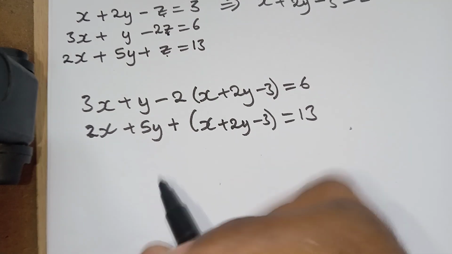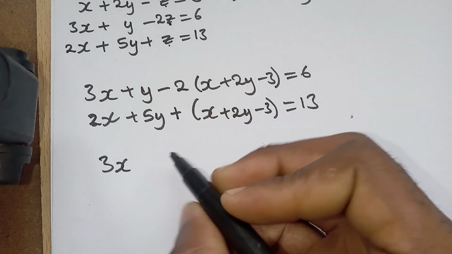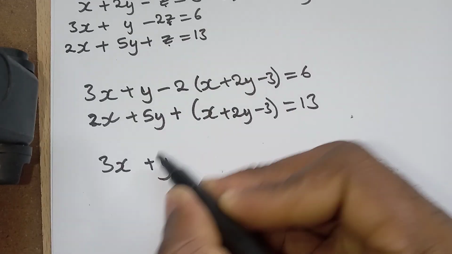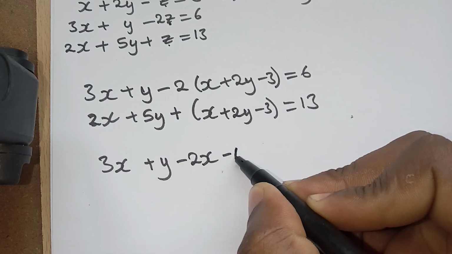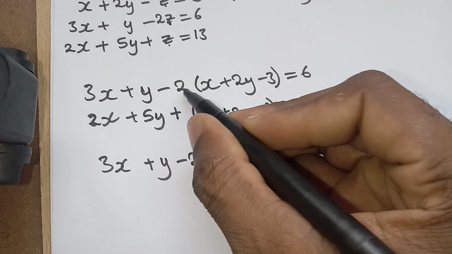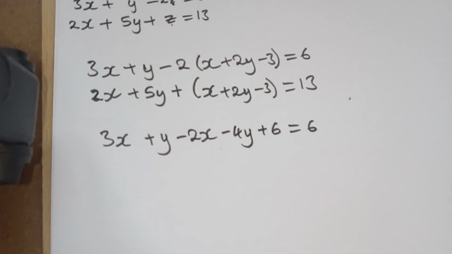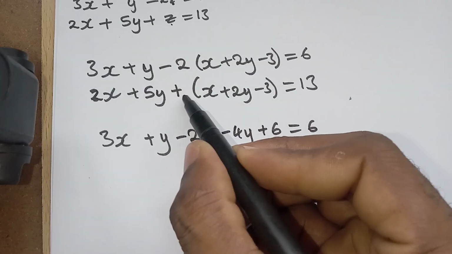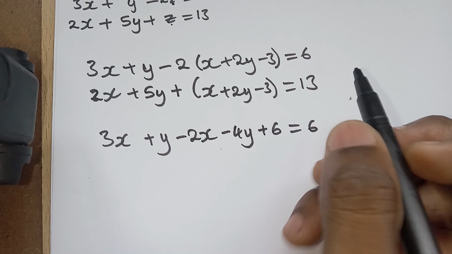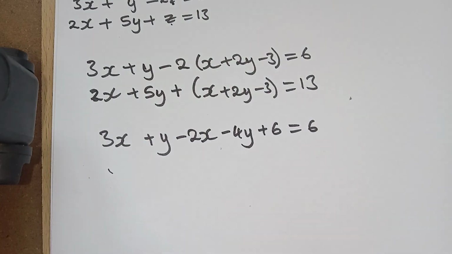So let's just simplify it. So we have 3x plus y, let's expand this, minus 2x minus 4y, and then plus 6, which is equal to 6. And then we do the same thing here. In this case, since this is a positive, we can just get rid of the brackets and rearrange the terms.